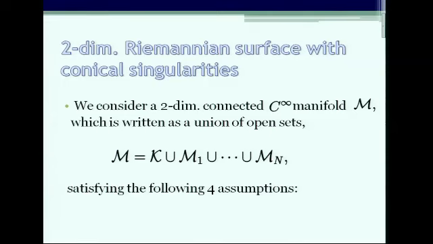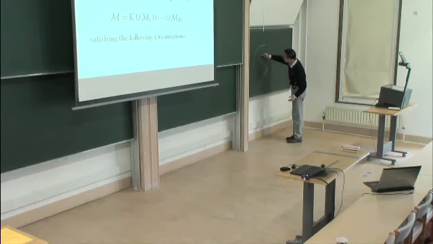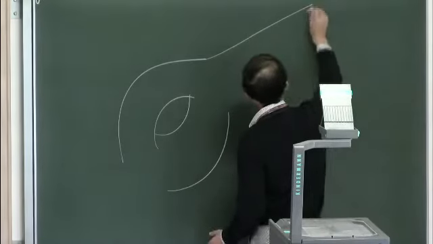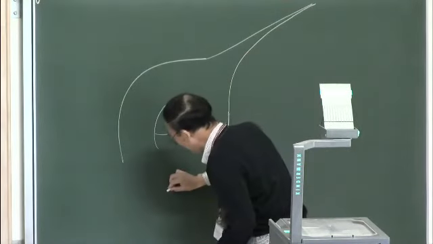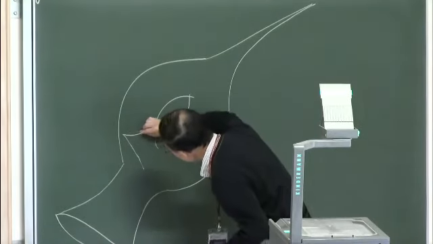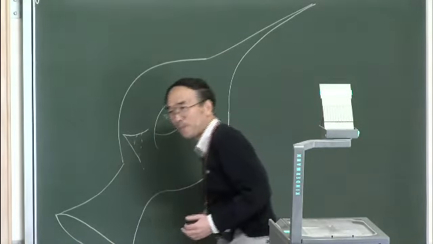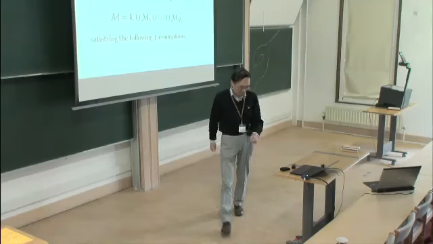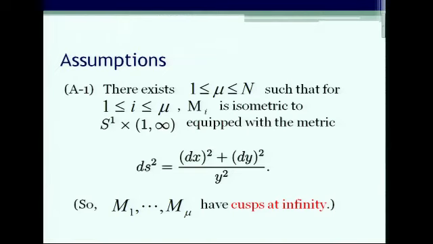We are mainly considering this sort of space, where you have some finite part, and you have some infinite part, this one or this one, and you have some singular points here. And we assume that there are n infinite parts, which we call ends of the manifold, and assume that the ends are classified into two parts.